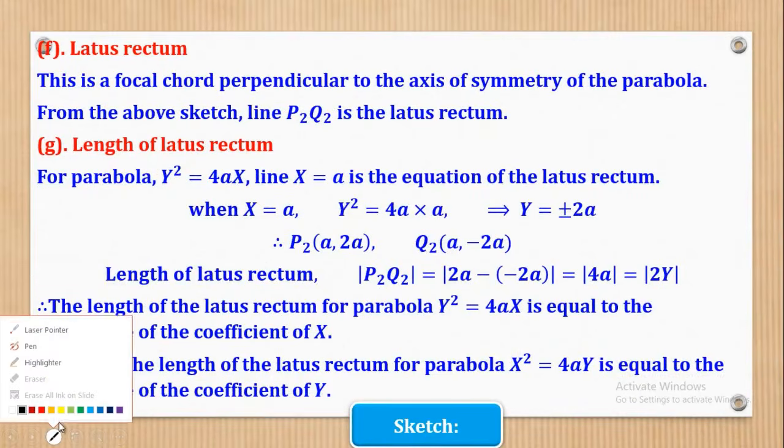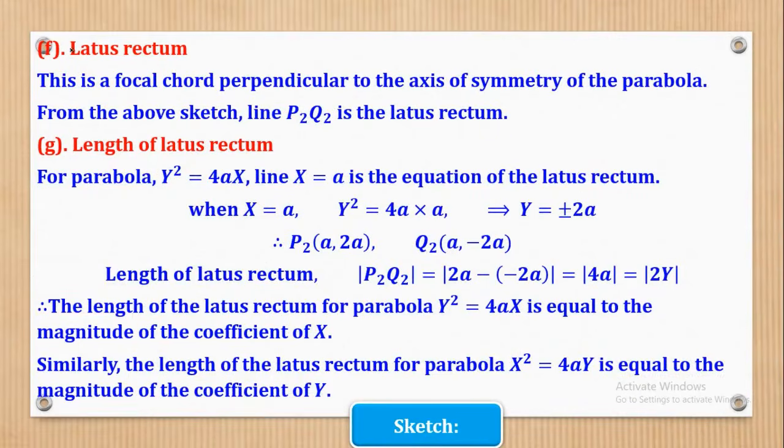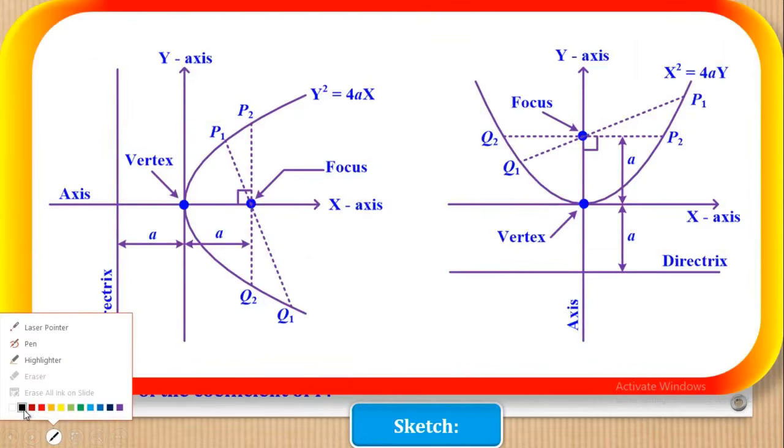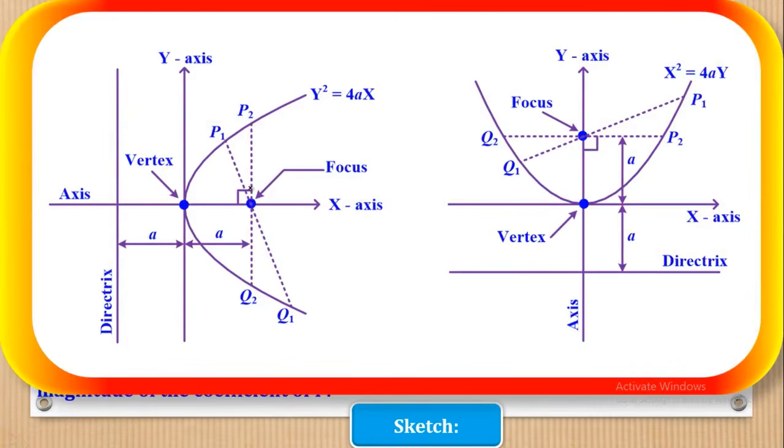Now we shall go to another term, that is latus rectum. This is a focal chord perpendicular to the axis of symmetry of the parabola. From the above sketch, P2Q2 is the latus rectum. Like we said, there are two focal chords, but a special case is when the focal chord is perpendicular to either the x-axis or y-axis, and that becomes a latus rectum.